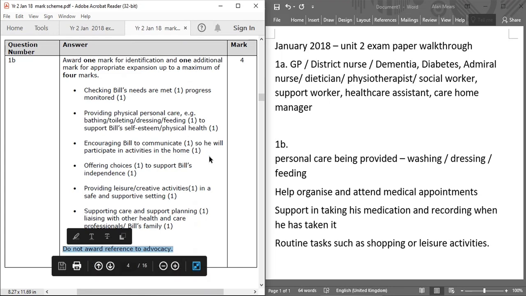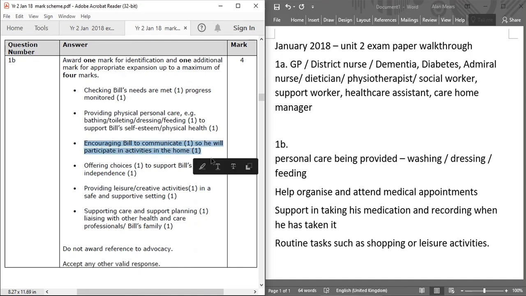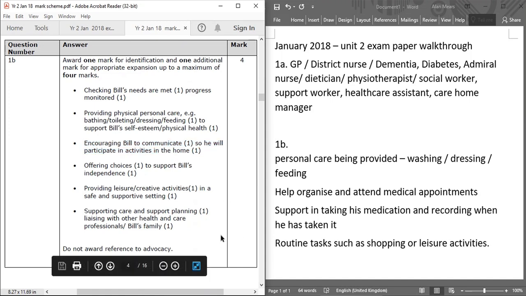One of the things here, though, I do find odd is this part here, encouraging Bill to communicate so he will participate in activities in a home. I understand it is slightly different because it is about helping or encouraging Bill to communicate, but I did feel that's quite close to the role of an advocate, which is to support him in communicating with others. But we can let that one go.